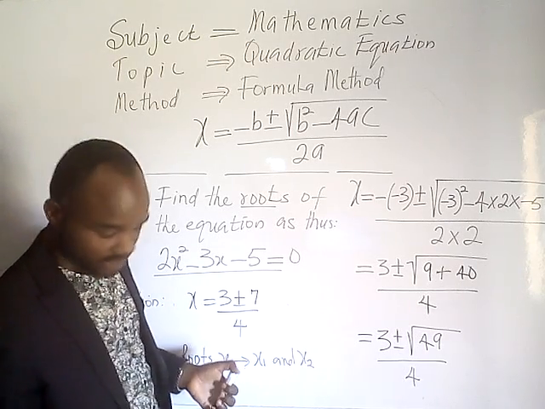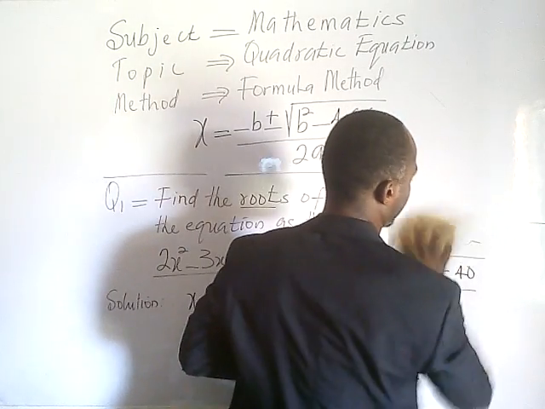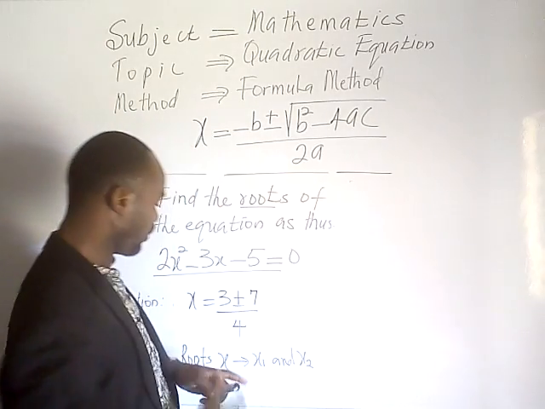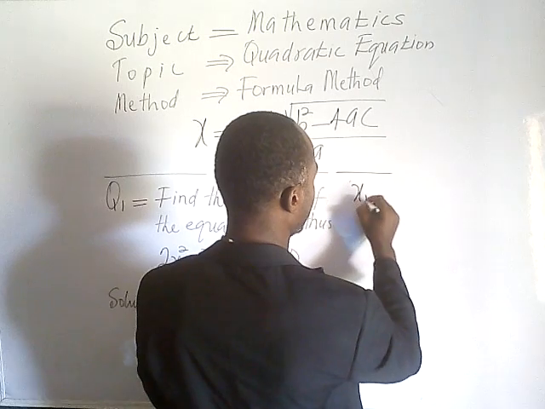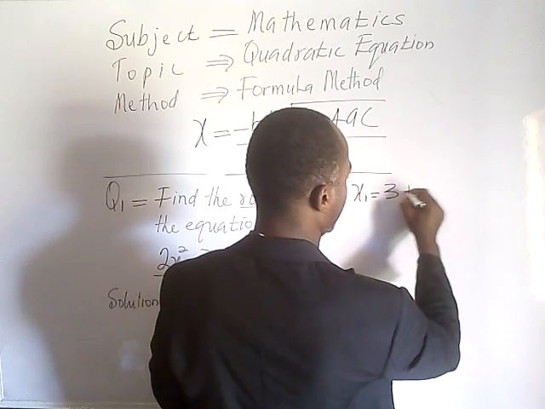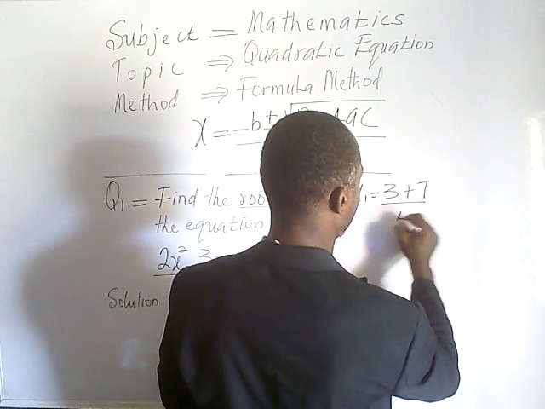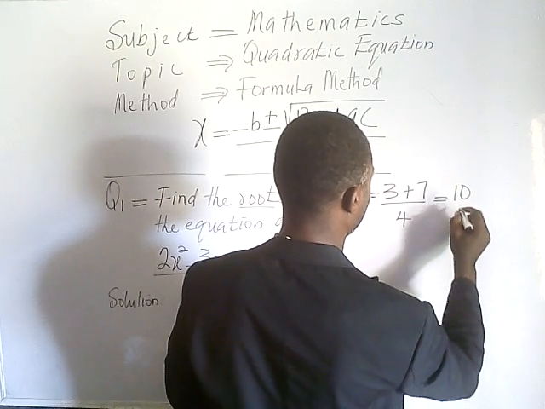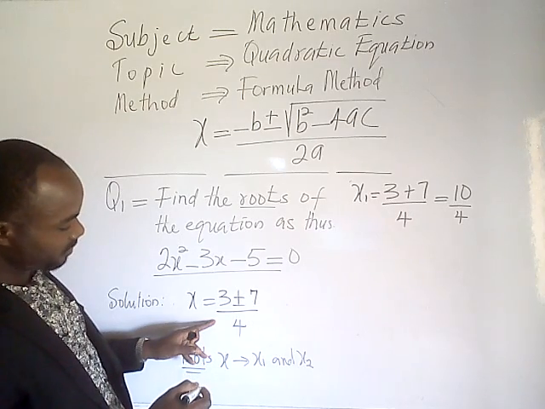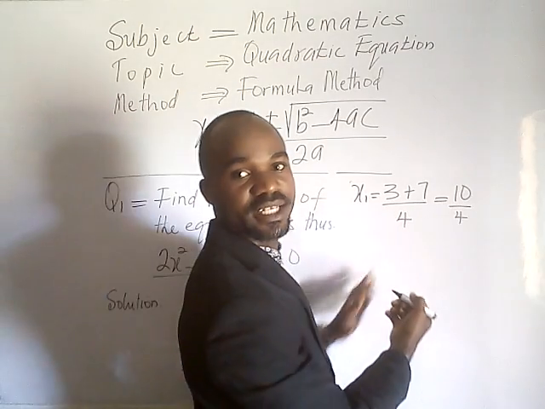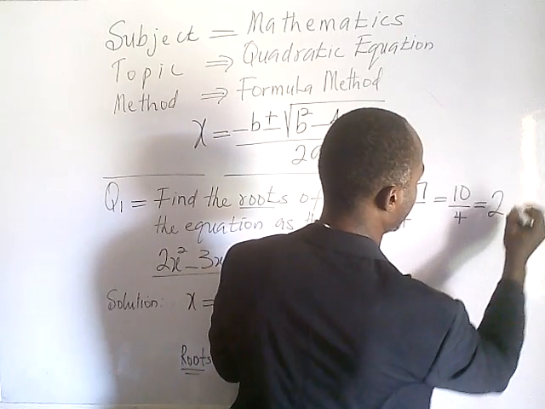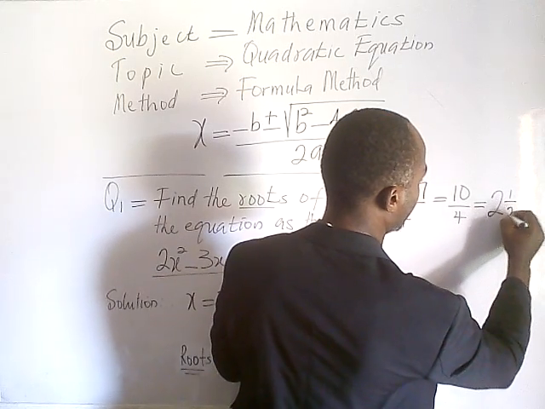Considering the fact that we have plus and minus, x1 is equal to 3, first we go with plus, plus 7, all over 4. We give 10 all over 4, which is 2 whole number 1 over 2.